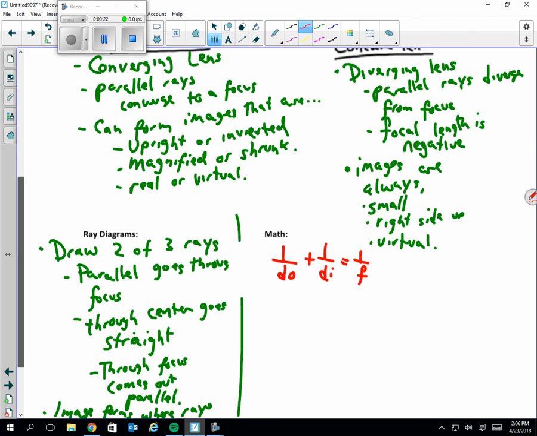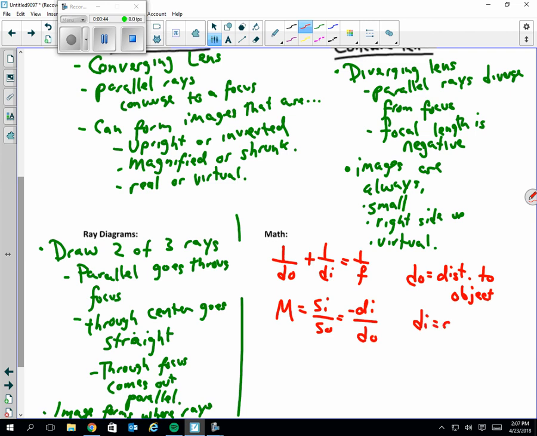Second, the magnification equation is M equals SI over SO equals minus DI over DO. I've got to define all these variables. DO is the distance to the object. DI is the distance to the image.